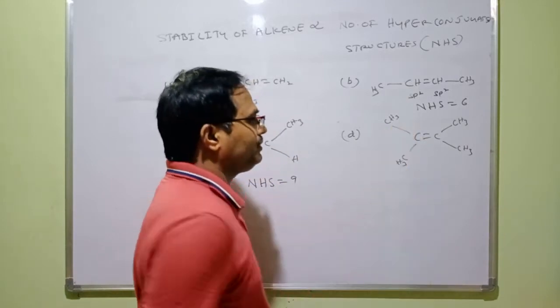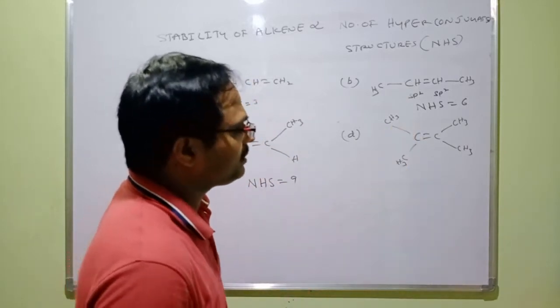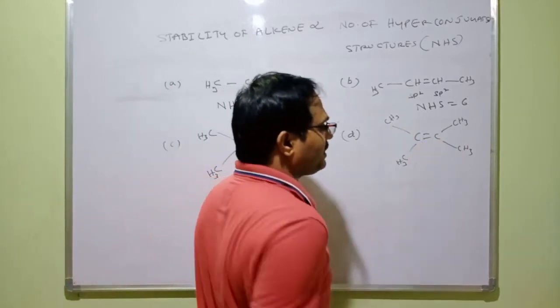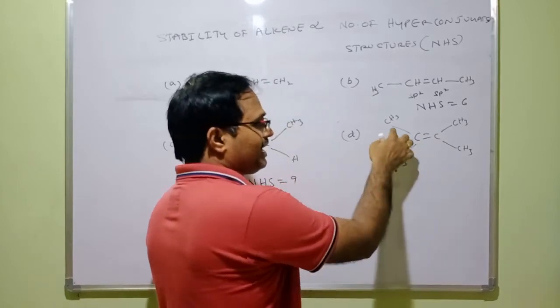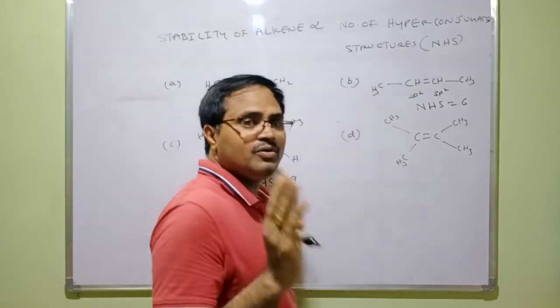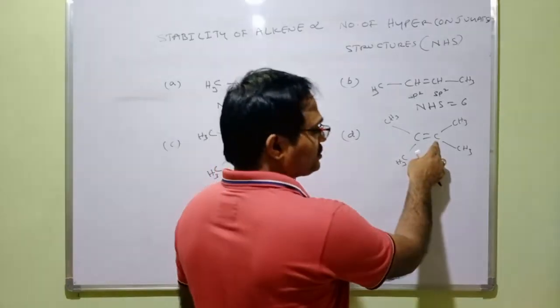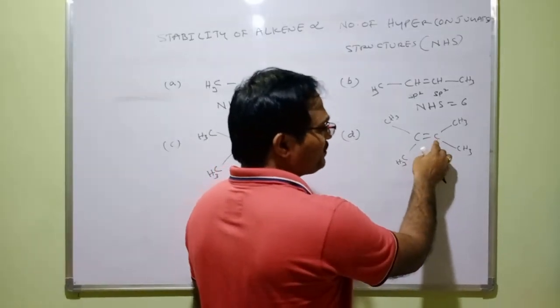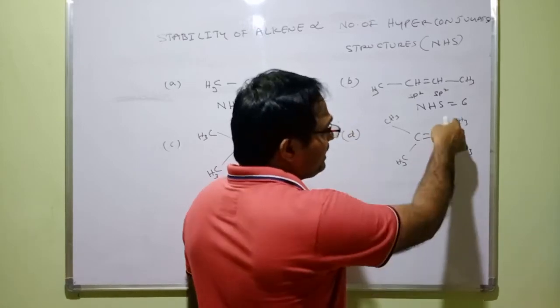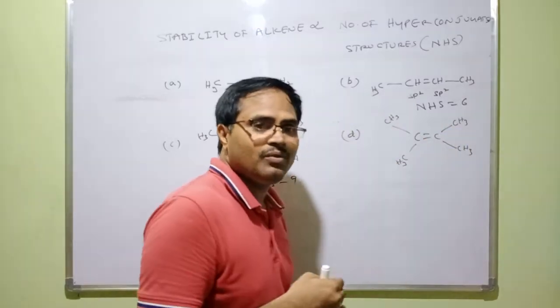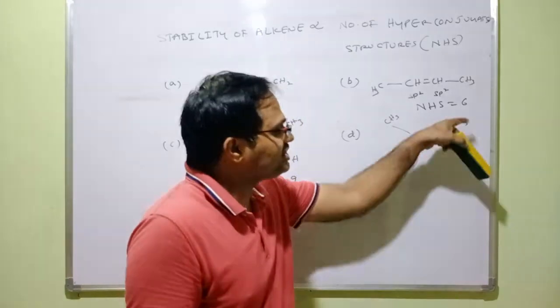So let us go to the right side and look at this molecule. The sp2 carbons are there, directly connected with sp3 carbons, and on the sp3 carbons we have hydrogens also. This one also, look here. This is the sp2 carbon, directly connected to the sp3 carbon, and again at the sp3 carbons we have CH bonds.